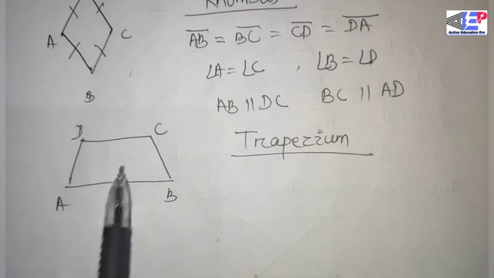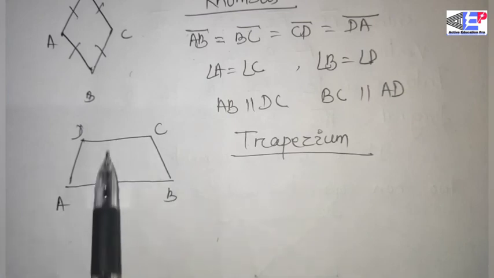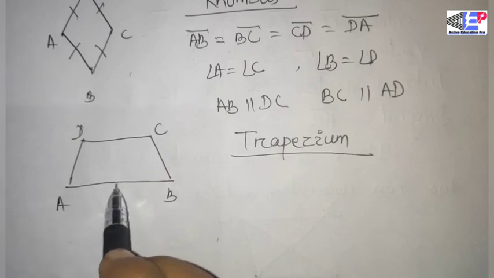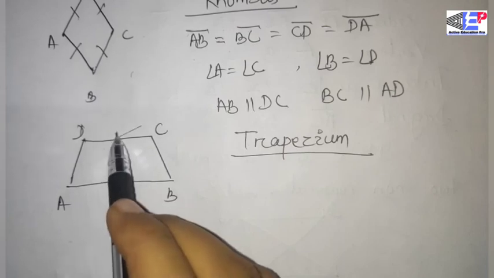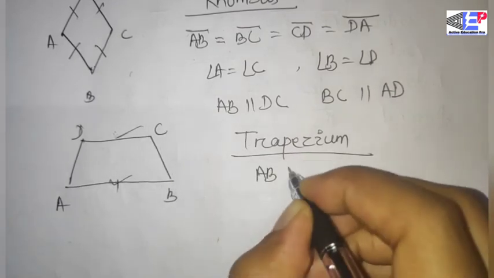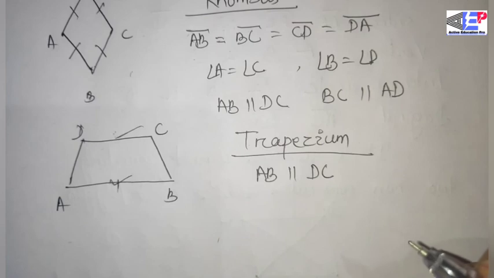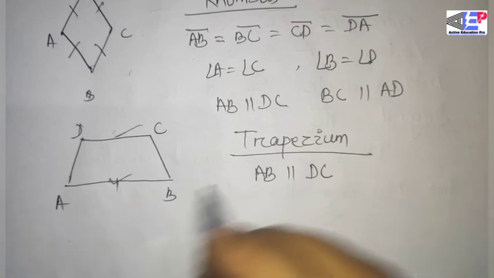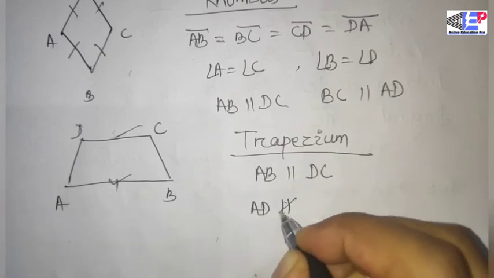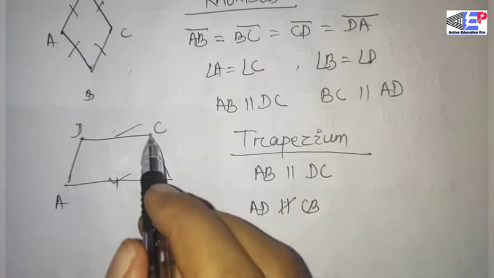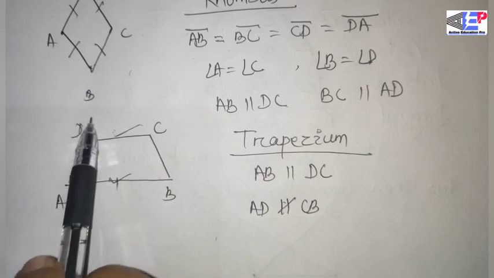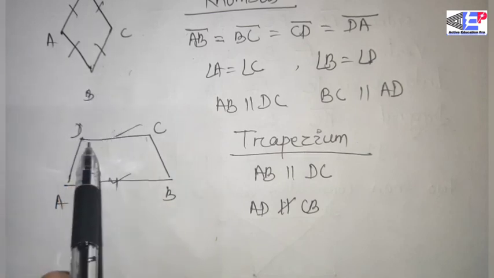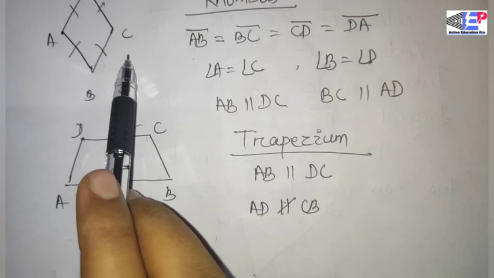But in a trapezium, it must have at least only one pair of parallel lines, and these are AB and DC. AB is parallel to DC. But AD is not parallel to CB, because after extending these two lines, they will meet at a place in future.